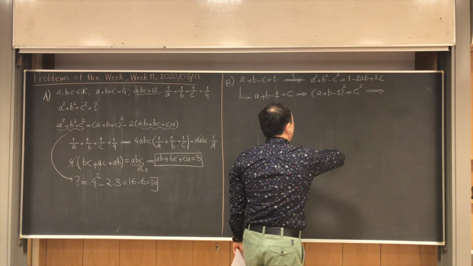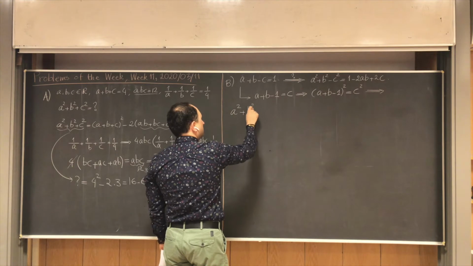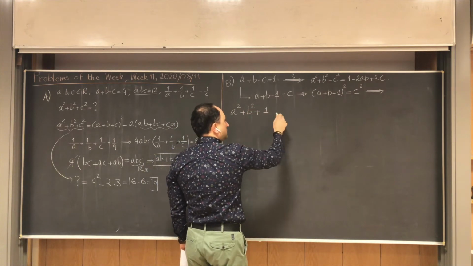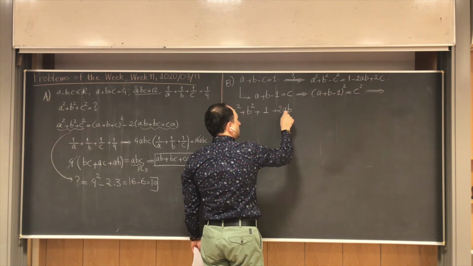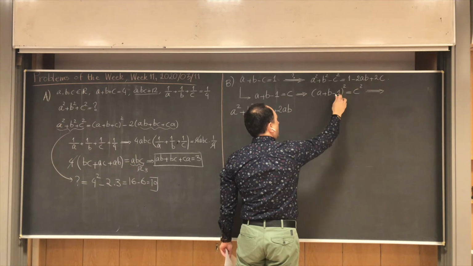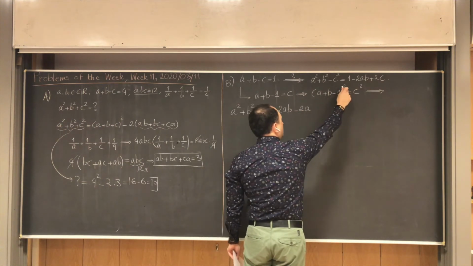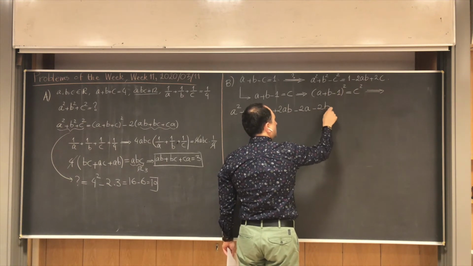Okay, this is an identity. The first one to the 2 plus the second one to the 2 plus the third one to the 2 plus 2 times the first one times the second one, 2 times the first one times the third one, which becomes negative 2a, and finally 2 times the middle one times the last one, which also becomes negative 2b.